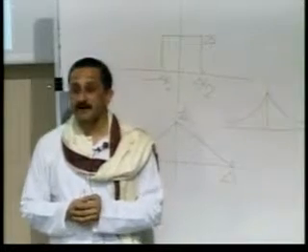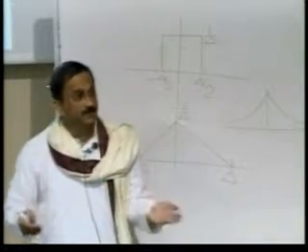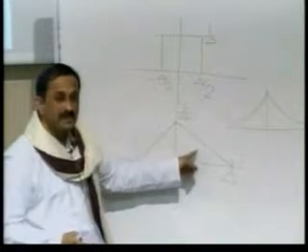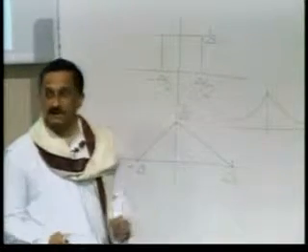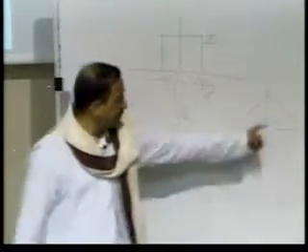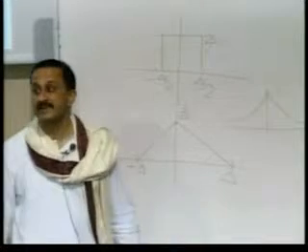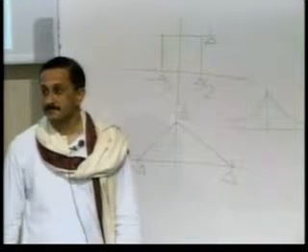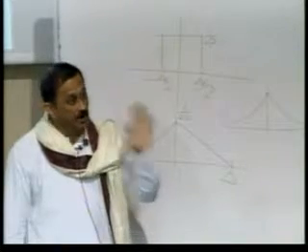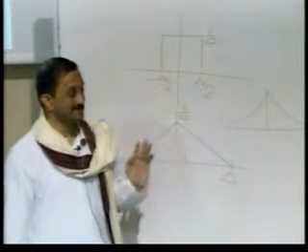So, for example, if it is convenient to me, I might look at the response of the system to this input and find out the output as delta tends towards 0, or I might do it for this, or I might do it for this, whichever is convenient to me. And if the system has a well defined impulse response, all of them should lead me to the same result.